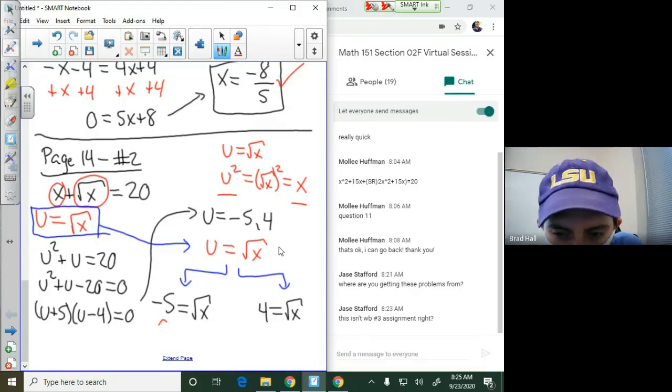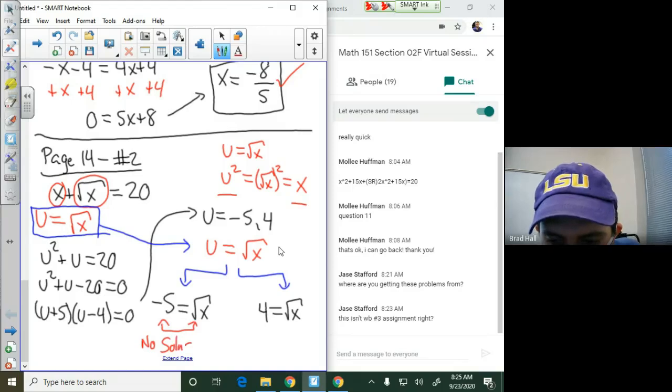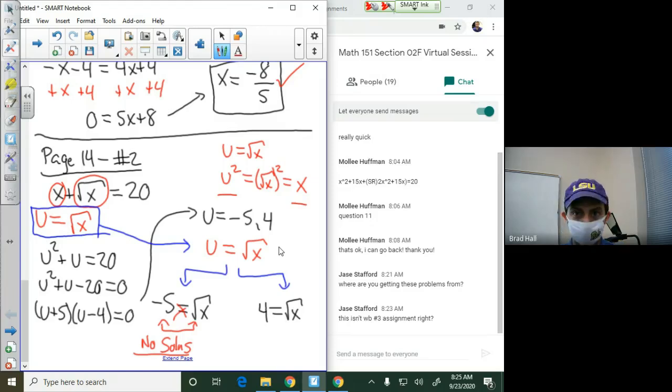This one over here is pretty quick to determine that there's no solutions, because a square root cannot output a negative. So there's no solutions for that one. It doesn't mean we're done. It just means we found the extra solutions. So we don't even have to check our answers at the end.